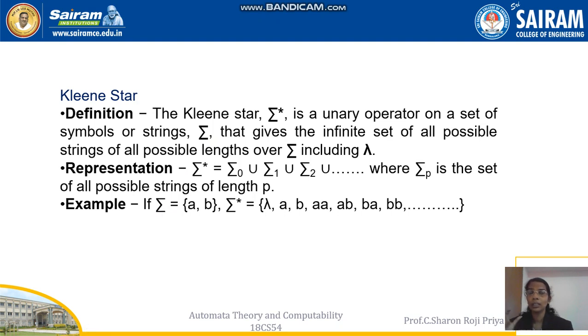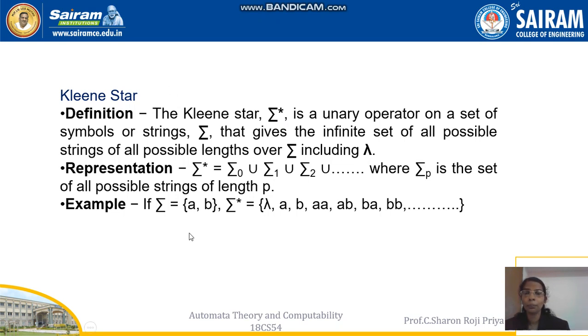Star means null or more occurrences. So A star means I can have null or a single A, 2 A's, 3 A's, 4 A's and it goes on. So sigma star means, what is sigma? The alphabet. Star means all the alphabet symbols for zero or more occurrences.